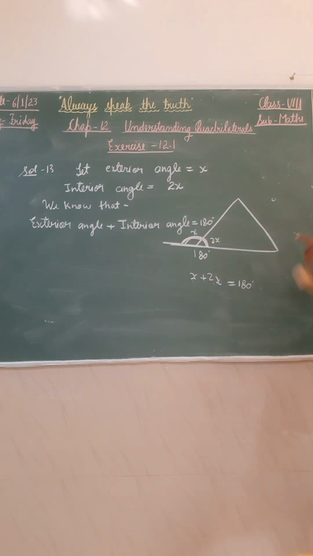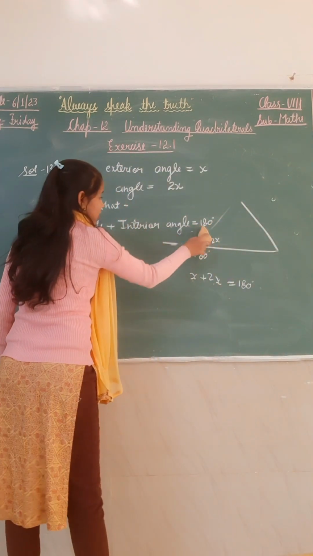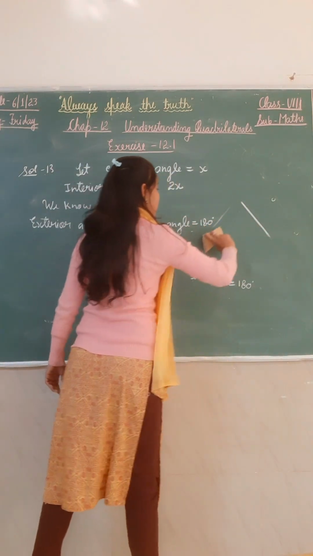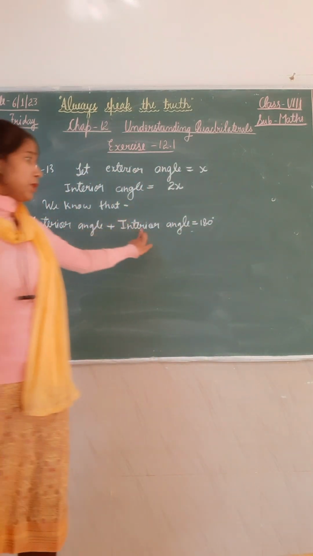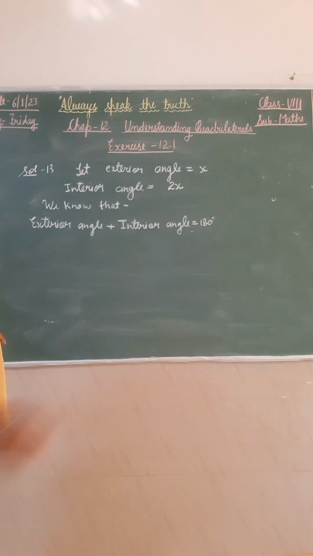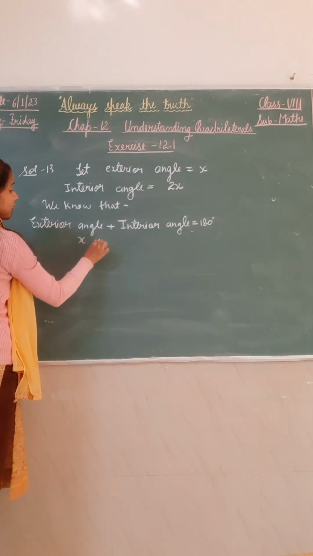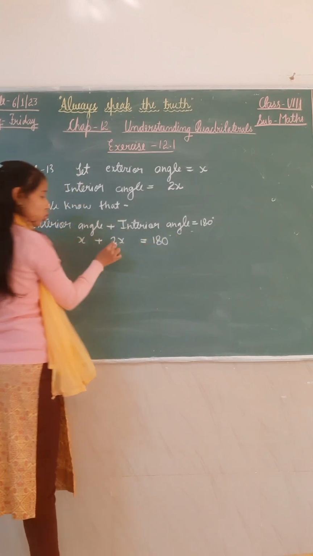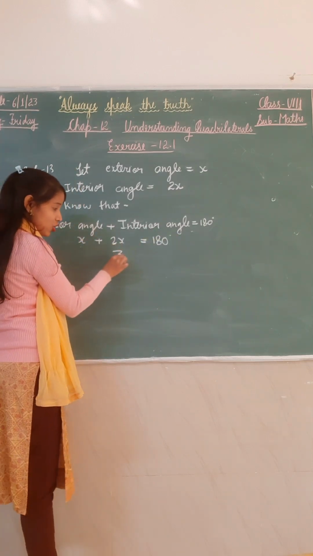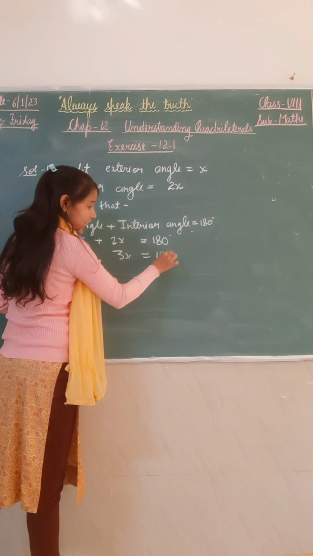No need to draw the figure. Okay class, this is just to make you understand. So exterior angle plus interior angle is equal to 180 degrees. Exterior angle is x, interior angle is 2x, equal to 180. So 2x plus 1x is 3x. So 3x is equal to 180 degrees.